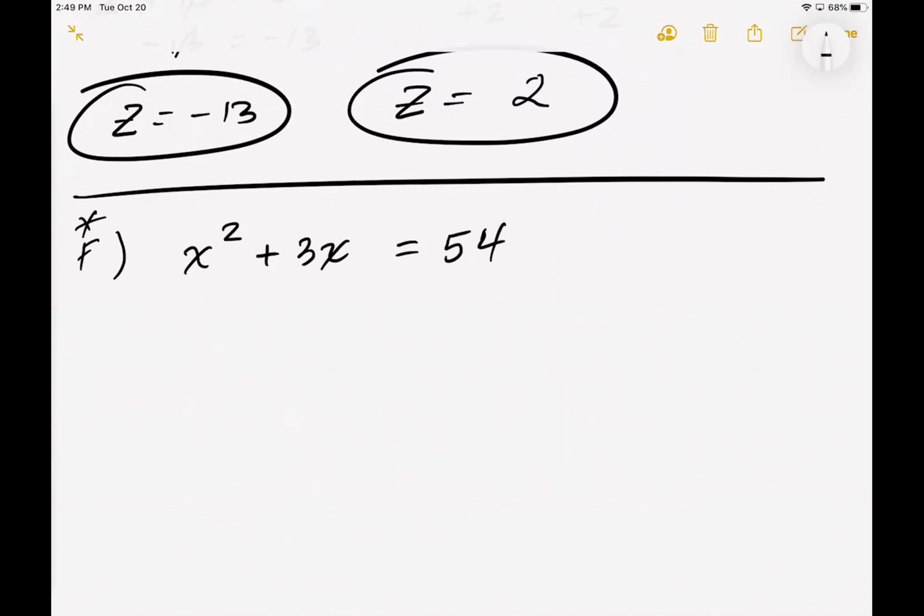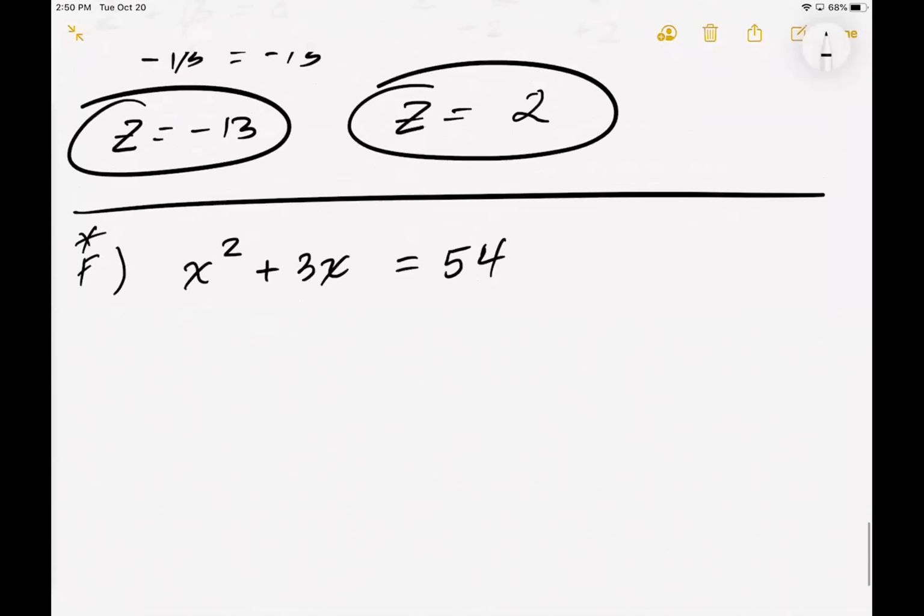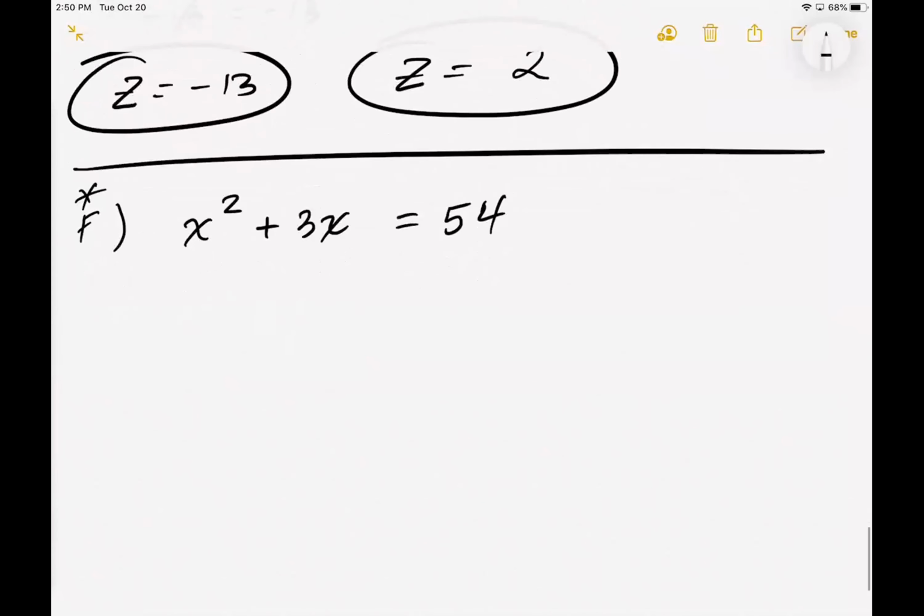So here comes our problem, here comes the obstacle. If you look at this problem, remember from last time, the first thing is that the equation must be equal to 0.